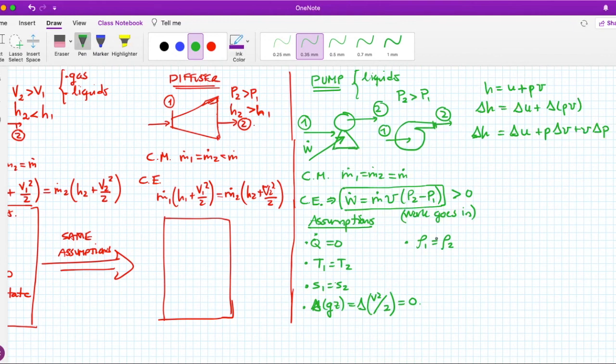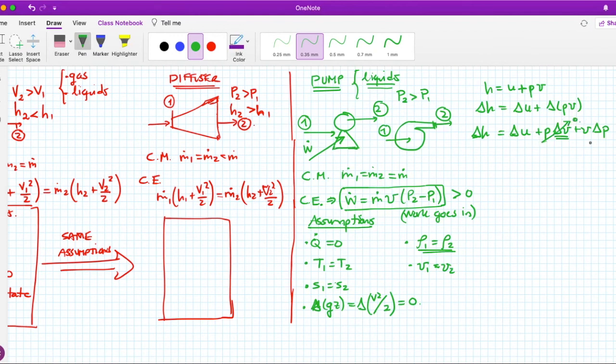So if this is happening, I can also say that the specific volume between 1 and 2 should be the same because I'm working with liquids. Since I'm working with liquids, these things are incompressible, so the delta of the specific volume is 0. It doesn't change.